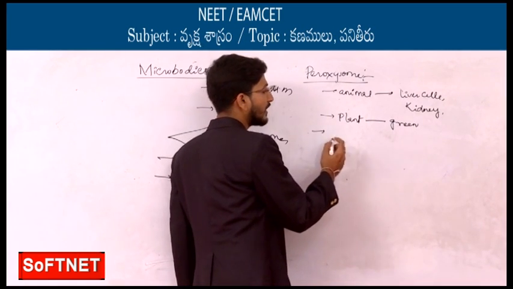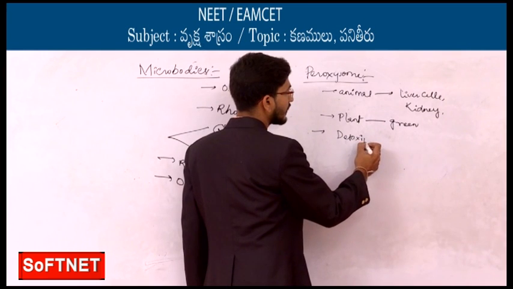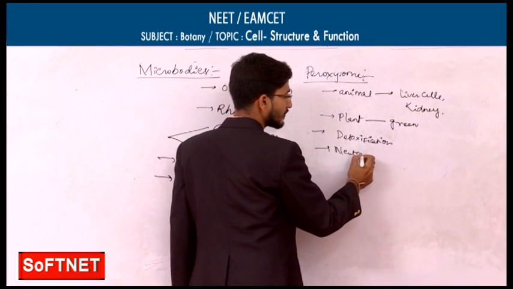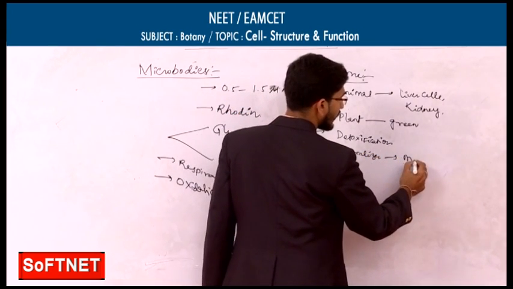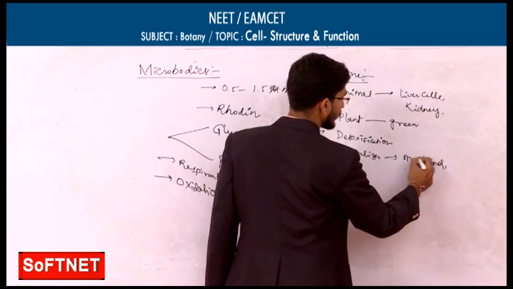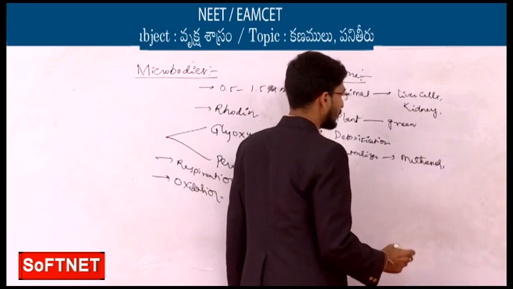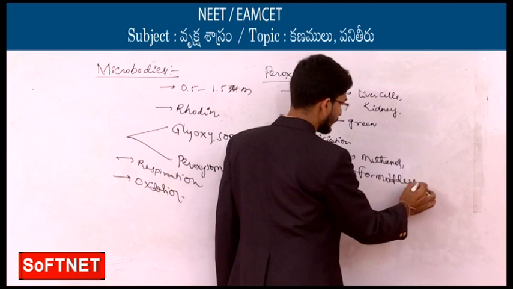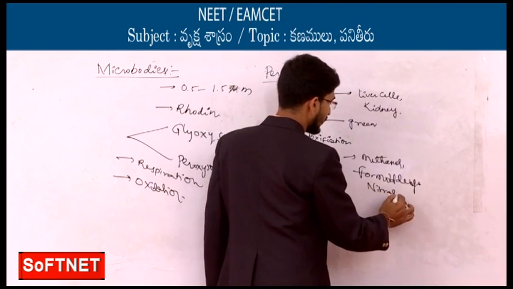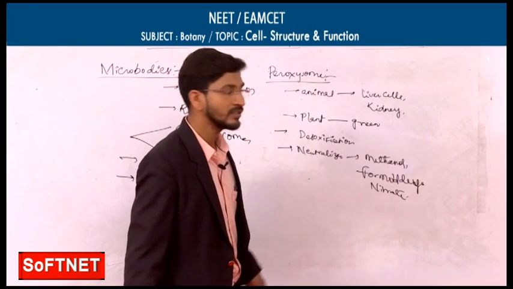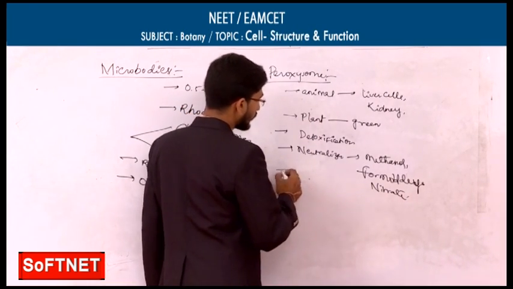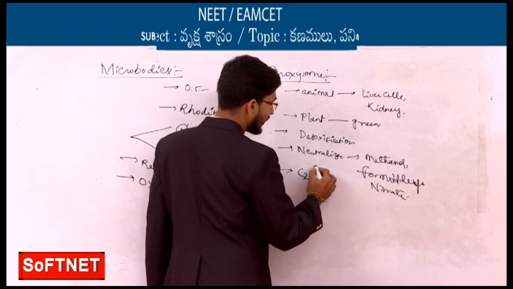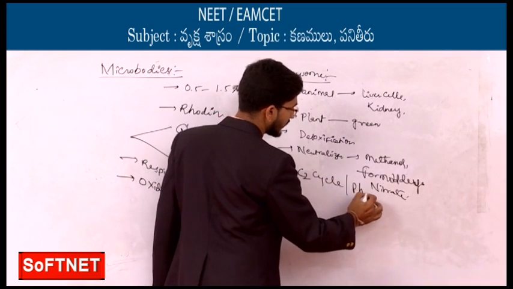So peroxisomes are generally involved in detoxification and also neutralize methanol, other substances, methanol, formaldehyde, and nitrates. Peroxisomes are involved in plant photorespiration, the C2 cycle.